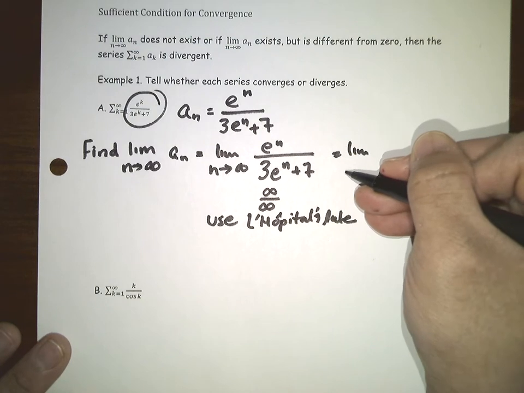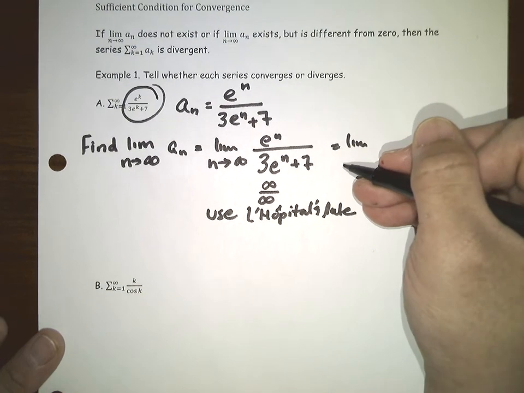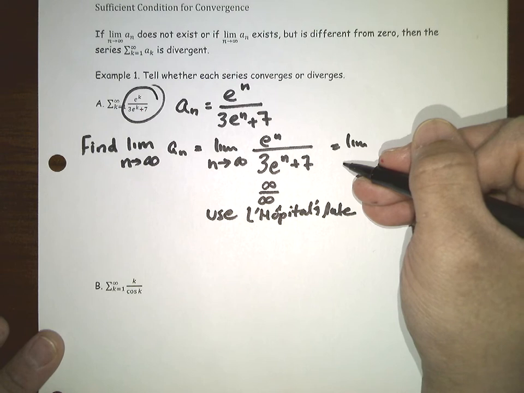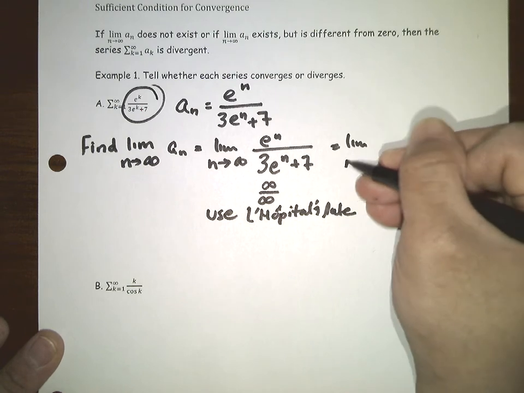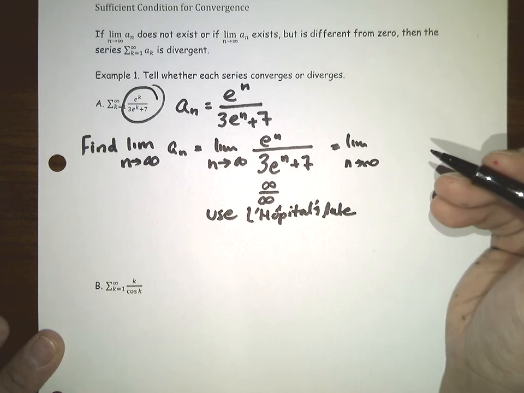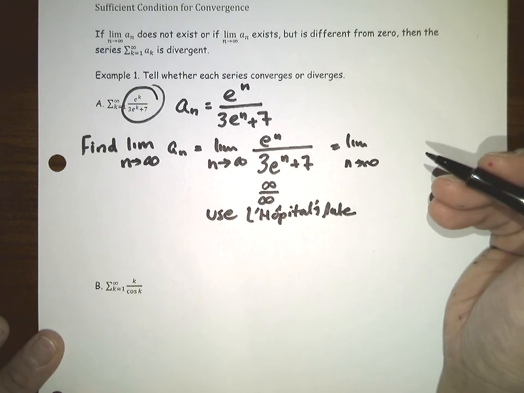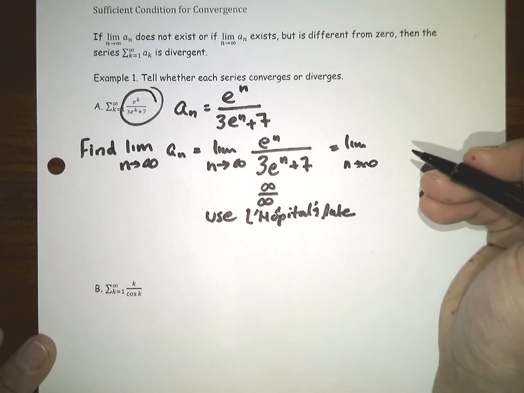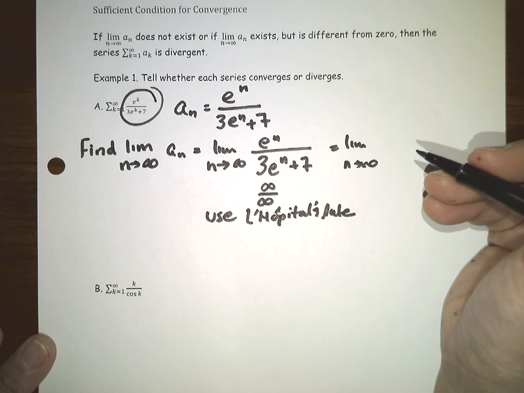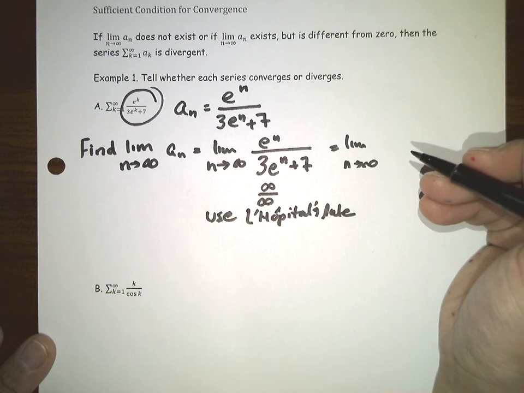By the way, I probably should think of this as a function and use x's here, but I am going to assume that you would be able to do that off to the side on your own, given that I never gave you a property for L'Hopital's rule for limits of these sequences. So keep that in mind also.